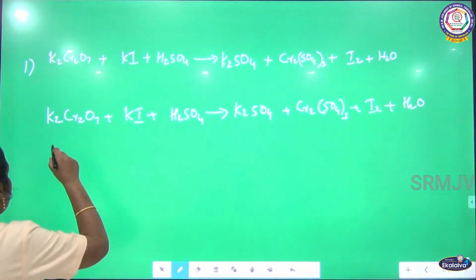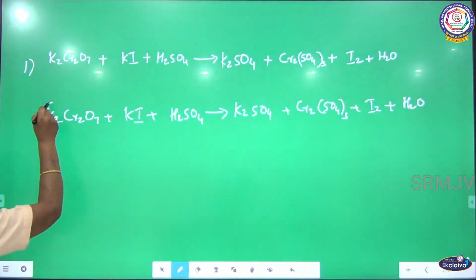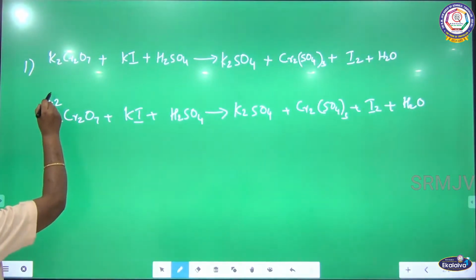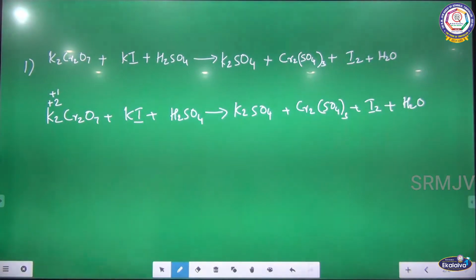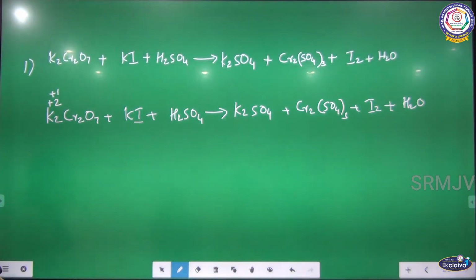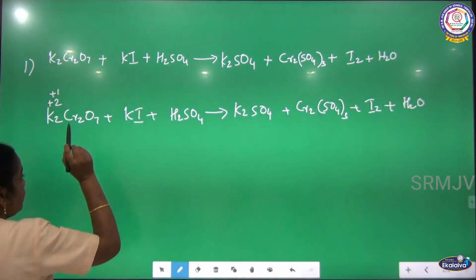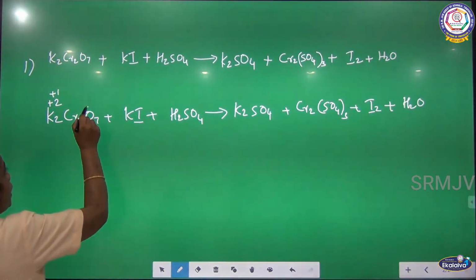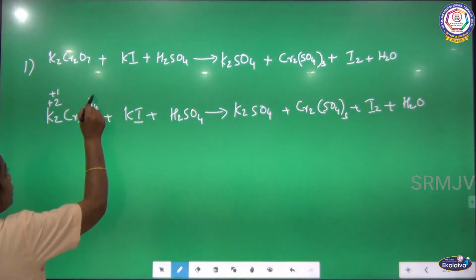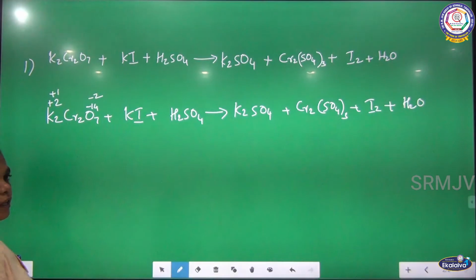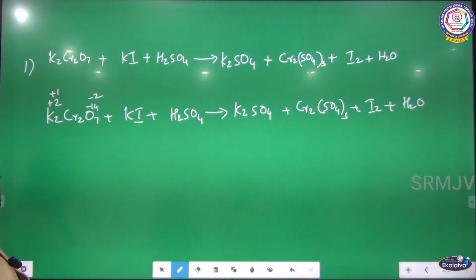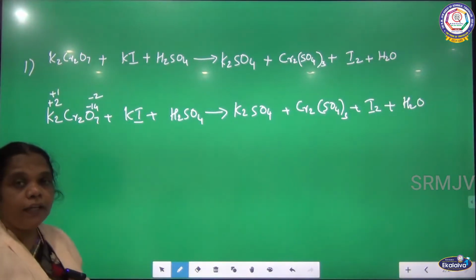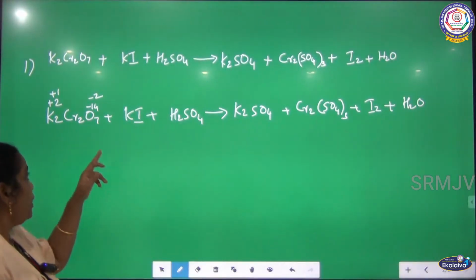Now how many potassium atoms? 2 atoms, so the oxidation state for potassium is +1. Next, oxygen: 7 into -2 is -14. So the oxidation state for oxygen is -2. Now -14 plus 2 potassium atoms, +2, means -12.